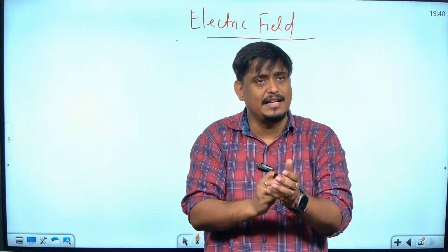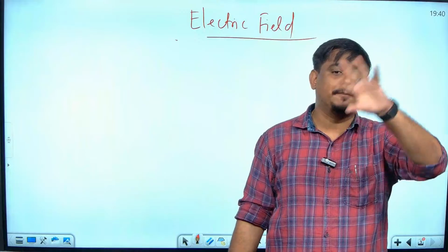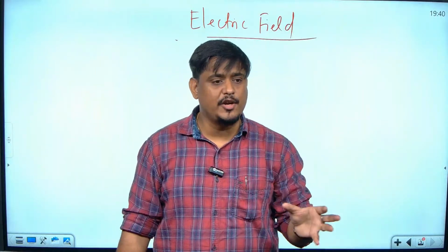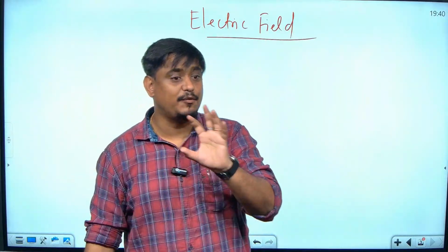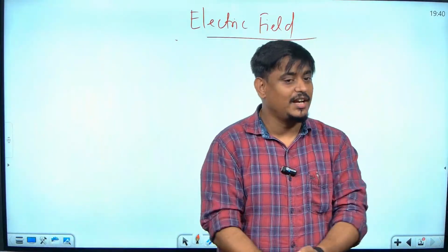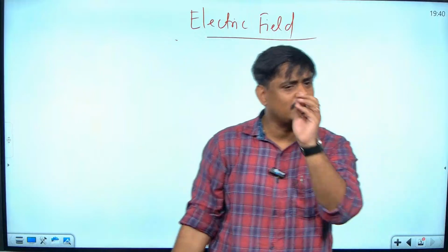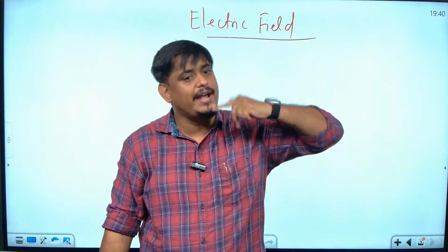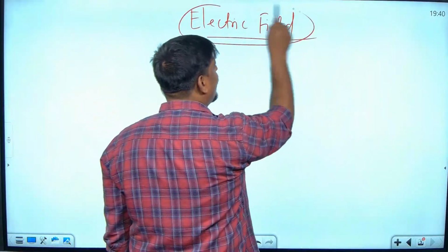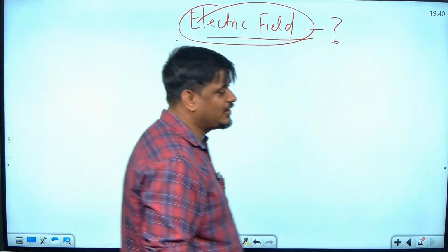In this chapter, we will find electric field due to a point charge, due to multiple charges, due to a dipole at an axial point, due to a dipole at an equatorial point, due to a linear charge distribution, due to a surface charge distribution, due to a charged spherical shell. Ultimately, whatever you are going to learn in this chapter is going to end up at electric field only. So until you know what electric field is, how to understand electric field, how to solve the numericals of electric field, this chapter is not in your hand.